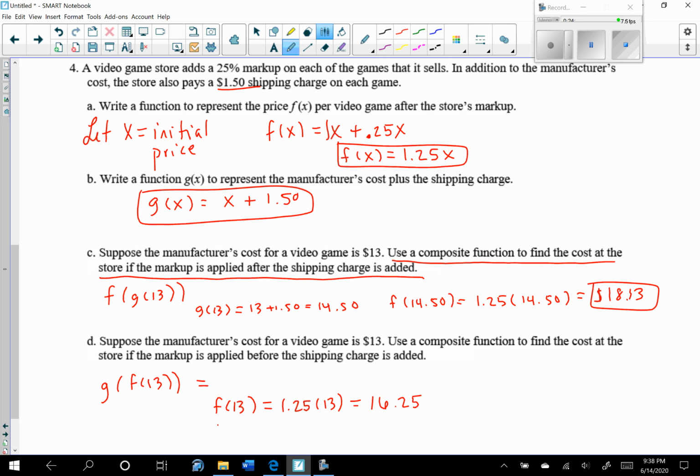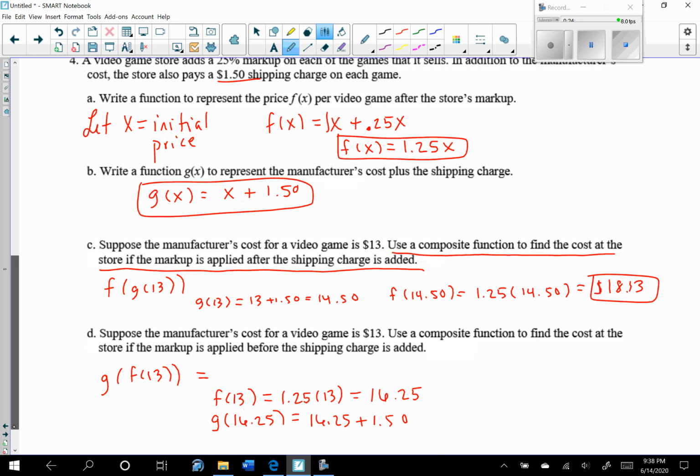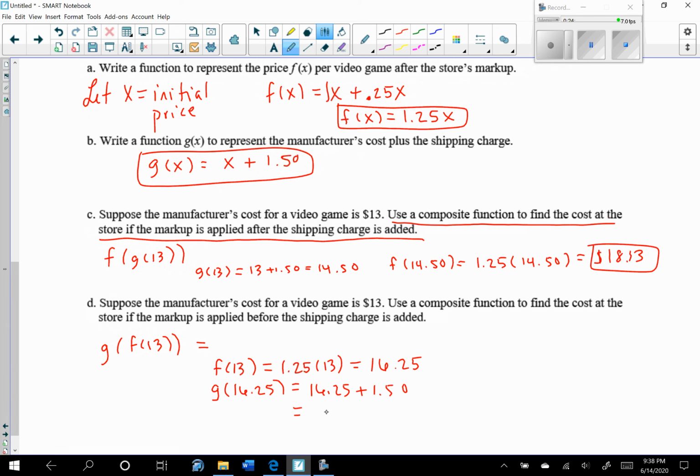And then that $16.25 is being plugged into the g of x function. So that is 16.25 plus $1.50, and that gives us $17.75.